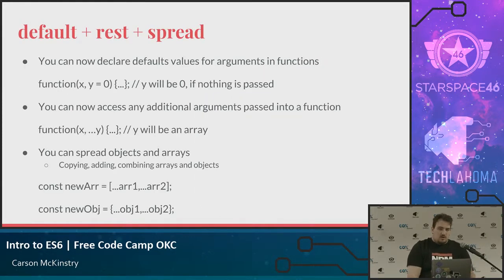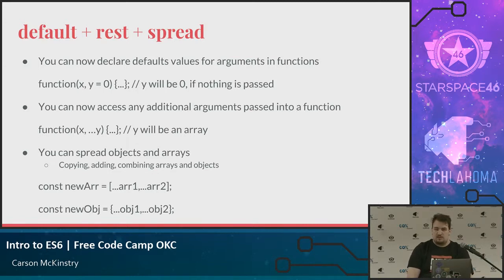So these are some really nice things that we have now in JavaScript: the default, the rest, and the spread operators. These are some operators that I would call quality of life operators. So the defaults: whenever you are now declaring a function, you can give a variable inside that function a default value.